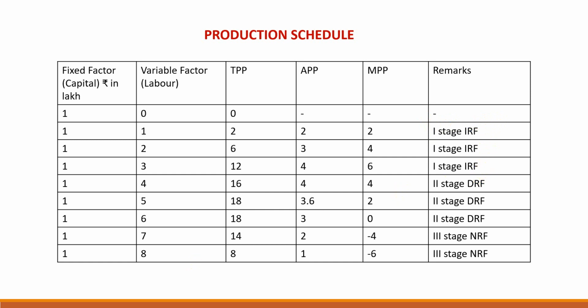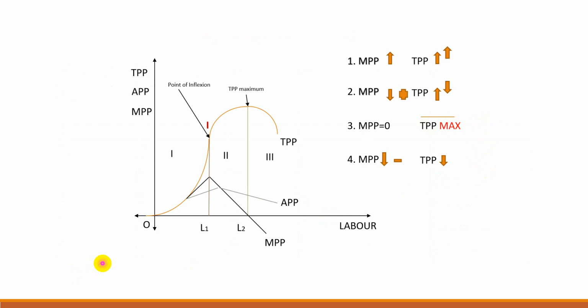And in our diagram, we find that TPP increases at an increasing rate till OL1 units of employment of labor and MPP rises till OL1 units of labor. So this is called increasing returns to a factor.